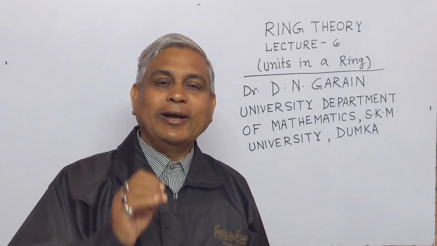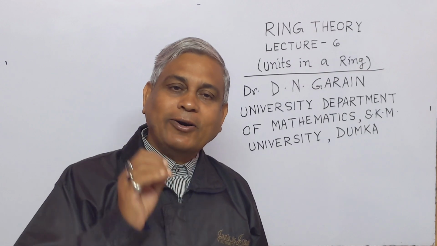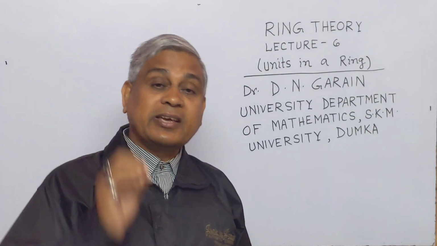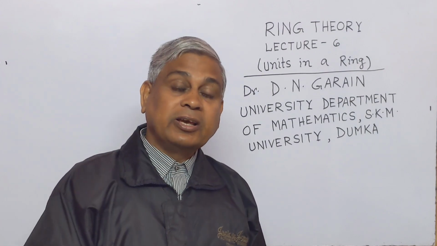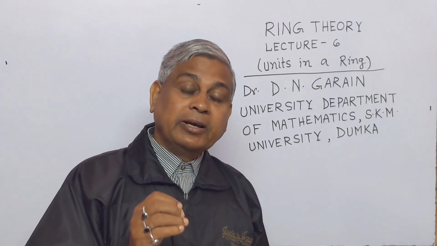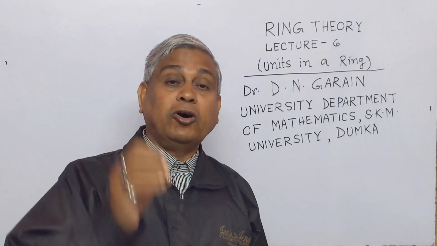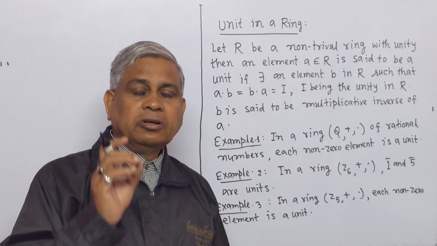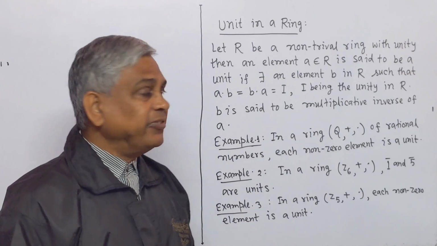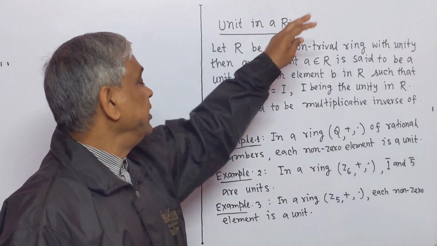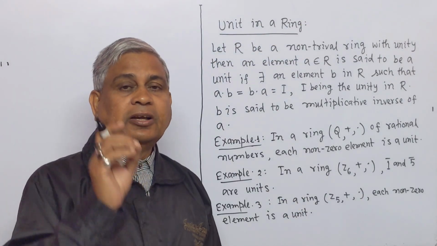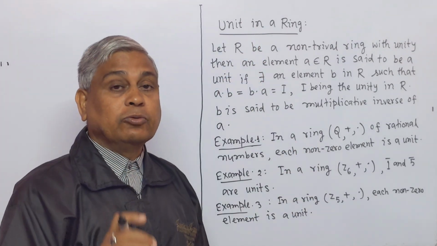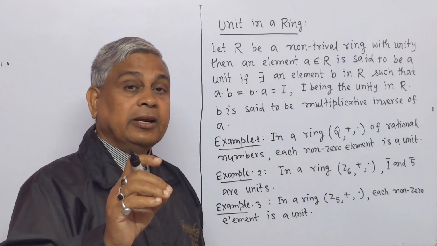Today, I will deliver lecture on ring theory, lecture number 6, in which I will give the detailed knowledge of units in a ring. Now, we define unit in a ring. Let R be a non-trivial ring with unity.